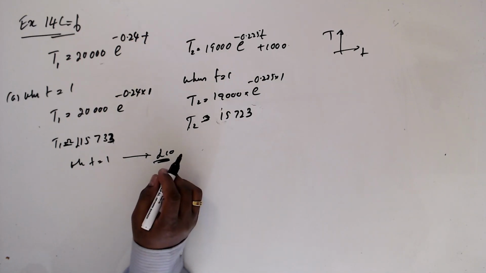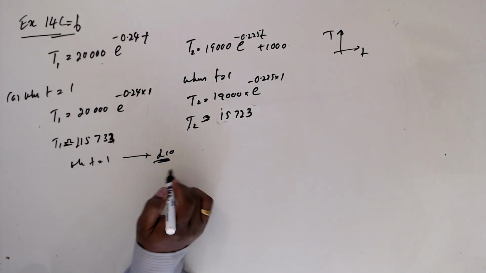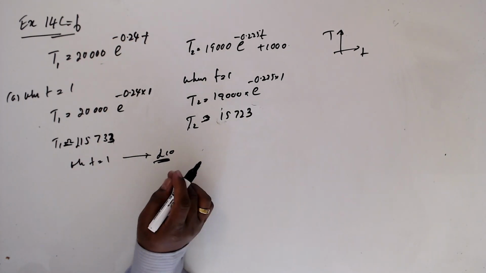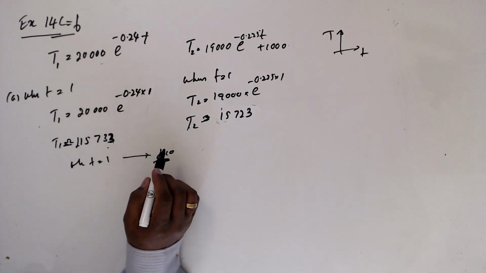It's a good model for T equals 1, but I don't know if it is a good model for T equals 5 or 10. But when T equals 1, it's good because there is only a £10 difference.